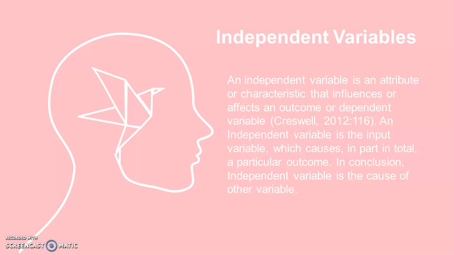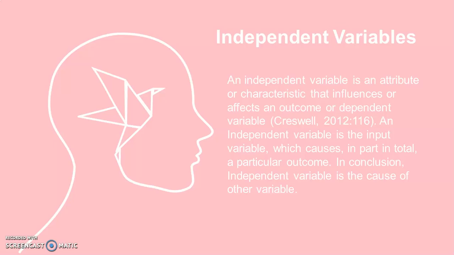An independent variable is the input variable which causes, in part or in total, a particular outcome. It is a stimulus that influences a response, an antecedent or a factor which may be modified to affect an outcome. In conclusion, independent variable is the cause of other variable.